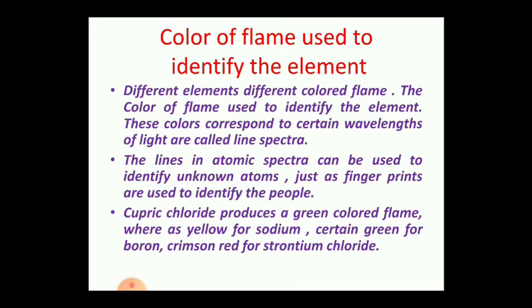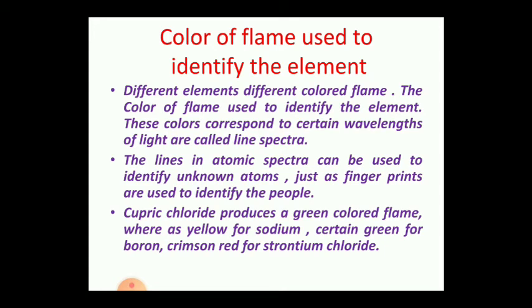These colors correspond to certain wavelengths of light, and these produce the line spectra. That's why the wavelengths produced by particular elements are called the line spectra. The lines in atomic spectra can be used to identify the element.